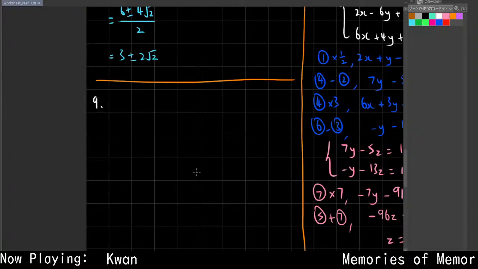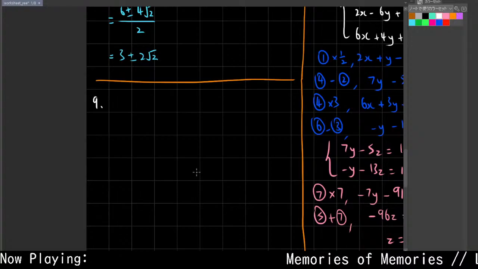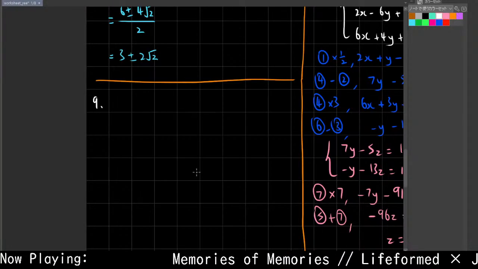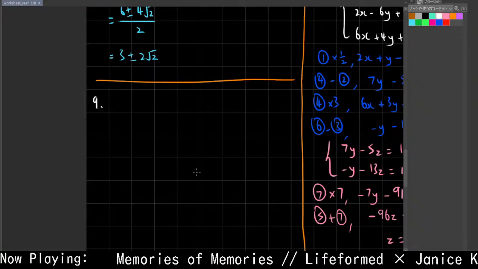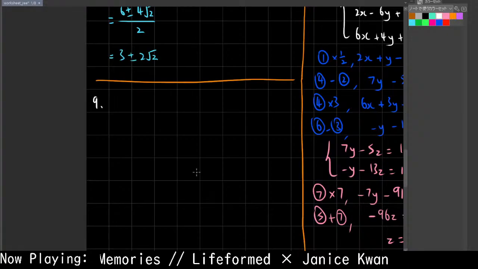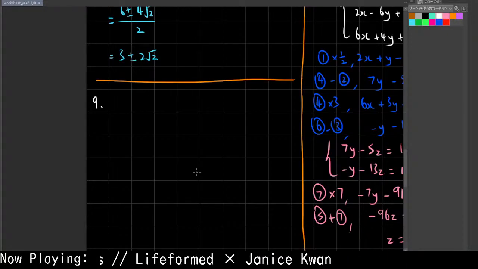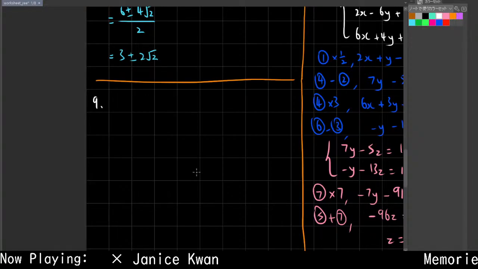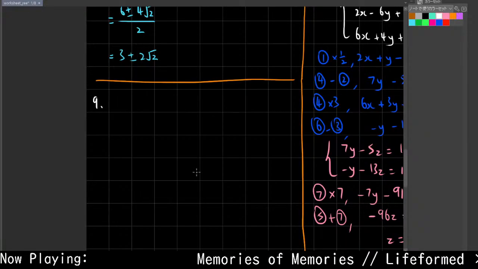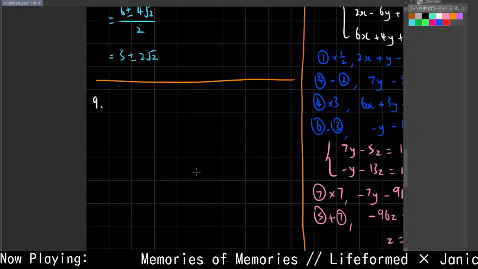Okay, Q9. Given the 3 logs, you are asked to, without using calculator, find the value of 1 log. So the question is made in such a way that the numbers that you see over there are basically a combination of the numbers that you have.